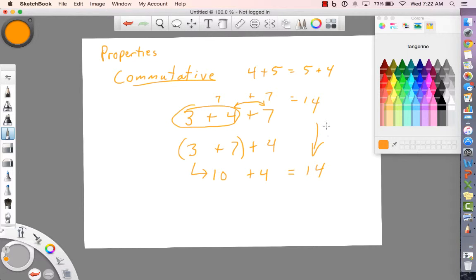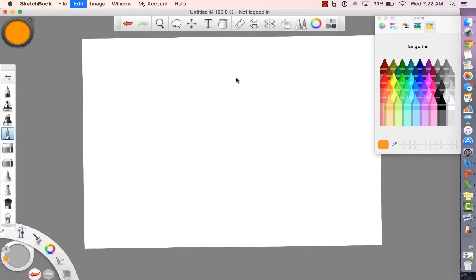So I got the same answer. And that's the commutative property, changing the order of the numbers. As long as you're using an addition sign, you can change the order all you want. You should still always add left to right, although with addition it doesn't matter. But that's just what we try to do, go left to right if we can. And then let's look at the other property, the associative.